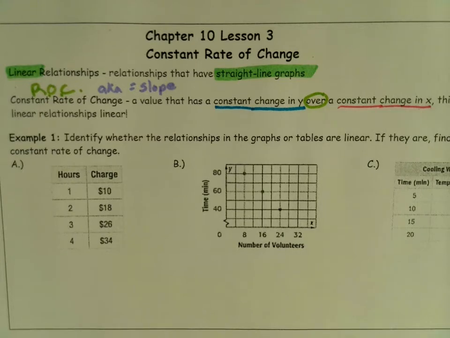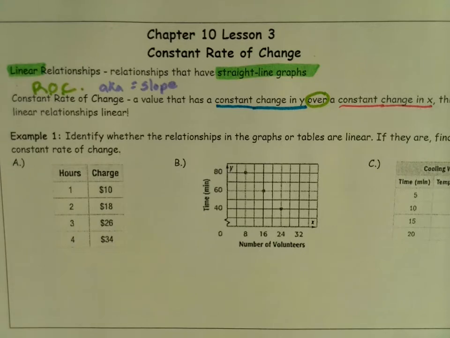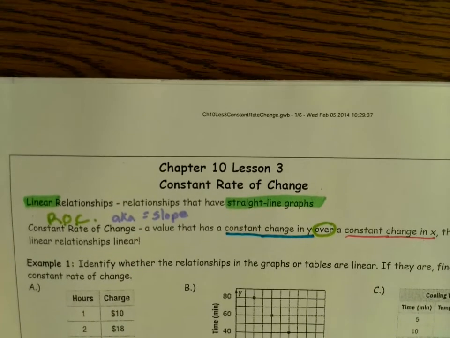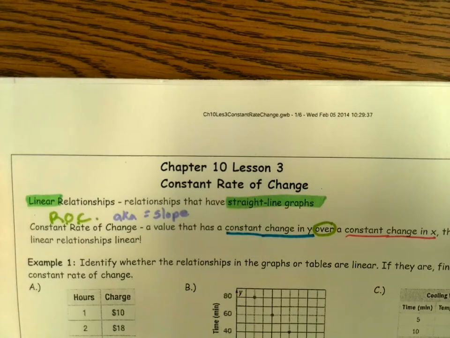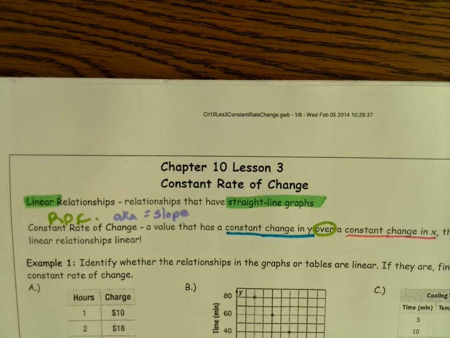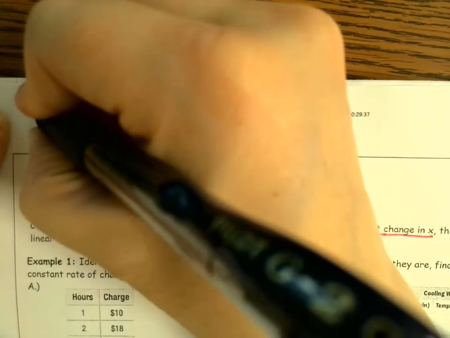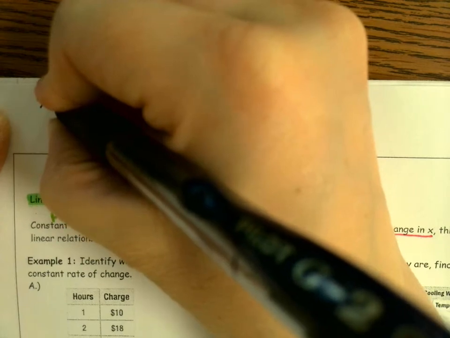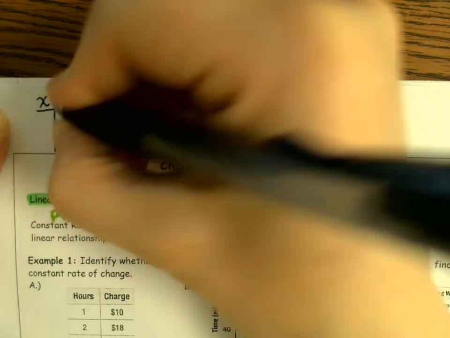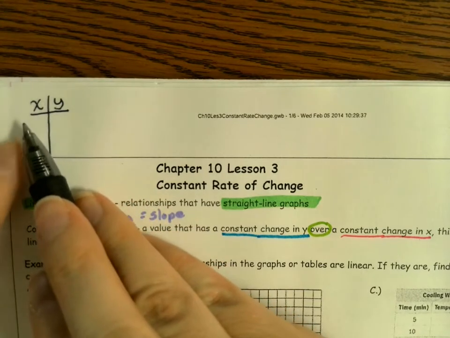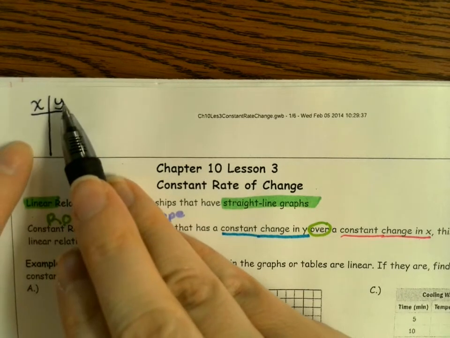Now, before we start, let's talk about how we read tables and how we read graphs. Because you have to know the positions of your x's and your y's on a table, and you have to understand that when you read a graph, it has to go in a certain direction. So first thing I want to make sure you understand is that if you're talking about tables, there are two ways that a table can be formatted. You could have a vertical table, and when you have a vertical table, your x values typically are going to be on the left side, and your y values are typically going to be on the right side.